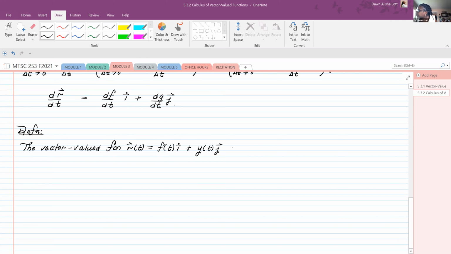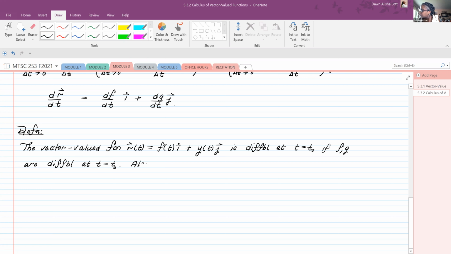Is differentiable at t equal to t naught if f and g are differentiable at t equal to t naught.